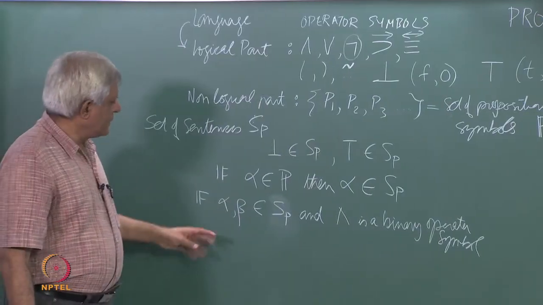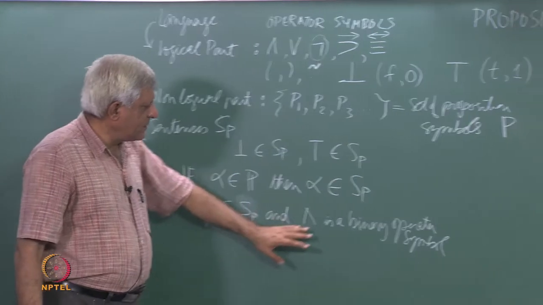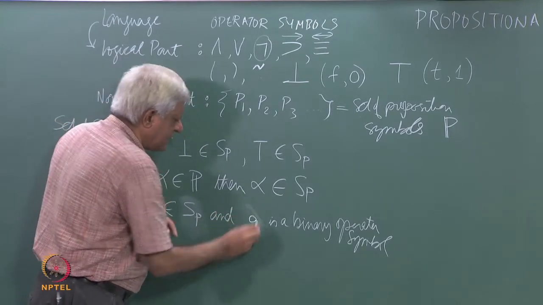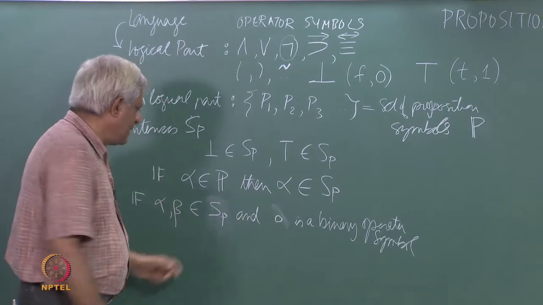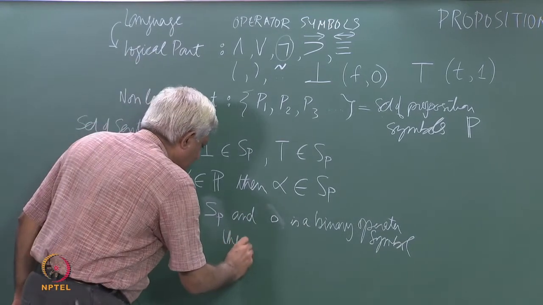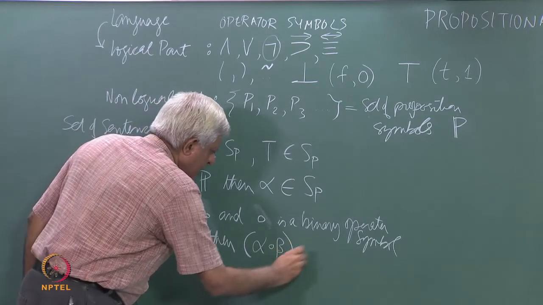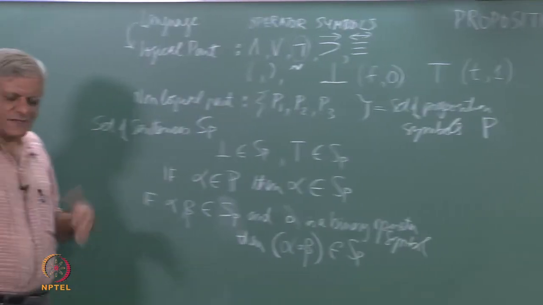So, if alpha and beta belong to the set of sentences, and instead of using this particular symbol, let me just use some abstract symbol which says this is a binary operator symbol, then alpha operator beta belongs to the set. So, we are just defining the language here.